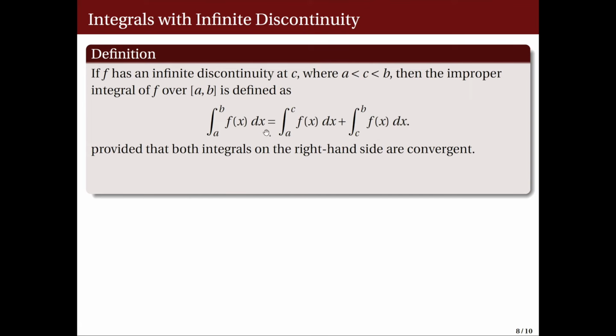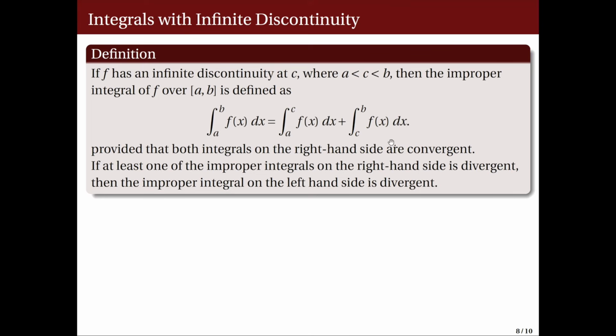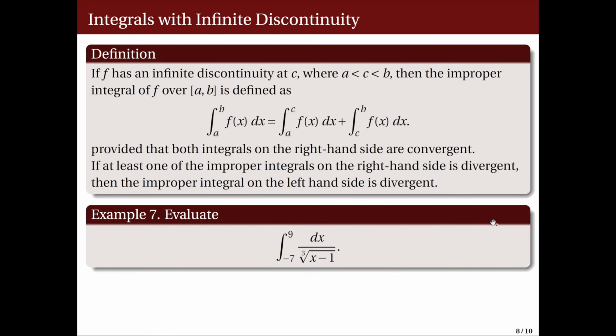For this given improper integral to be convergent, both improper integrals on the right-hand side must be convergent. If at least one of these two improper integrals on the right is divergent, then the given improper integral is also divergent. Let's consider this particular example.